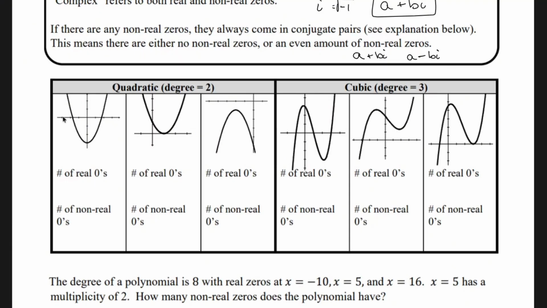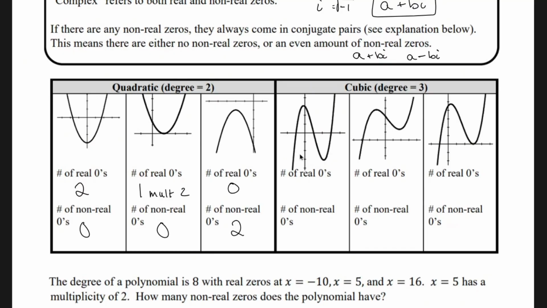When we look at something like this, a quadratic in degree 2, it could go through the x-axis twice, in which case we have 2 real zeros and no non-real zeros. It could hit once, in which case we would have 1 real zero with a multiplicity of 2 and no non-real zeros, or if it never crosses the x-axis, we'll have no real zeros but 2 non-real zeros.